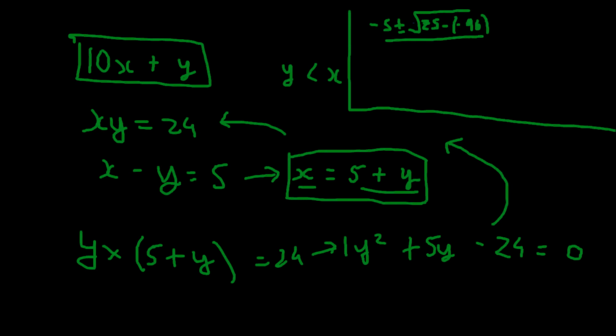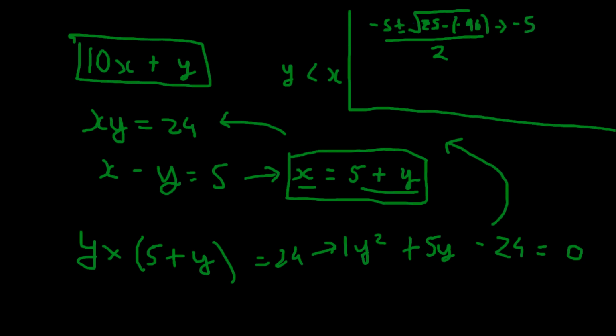And now let's just solve this over here. It's 25 minus of minus 96. I think 25 plus 96, which comes to 121, which you can see is a perfect square of 11, of course. So then we take the two cases.